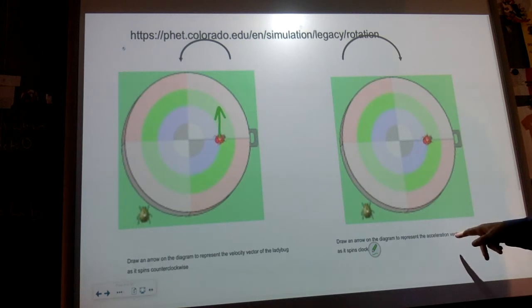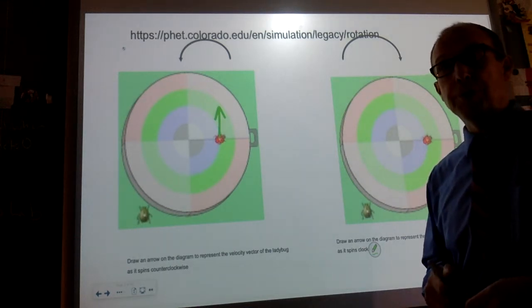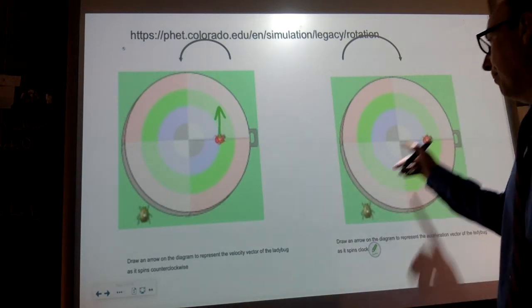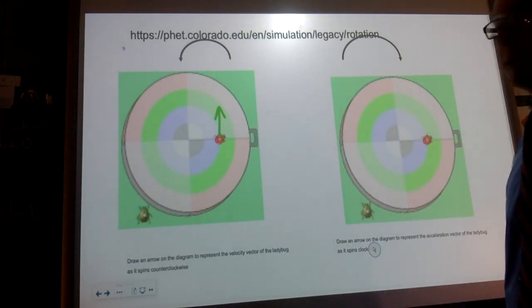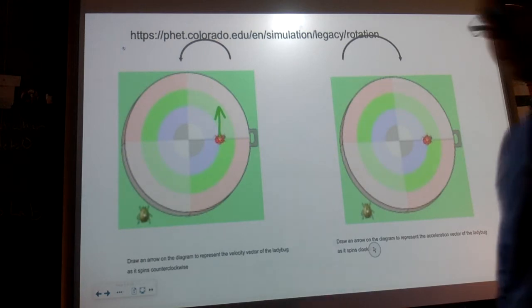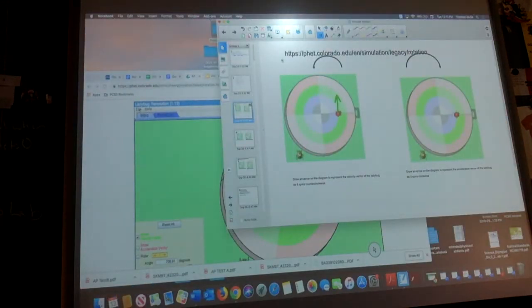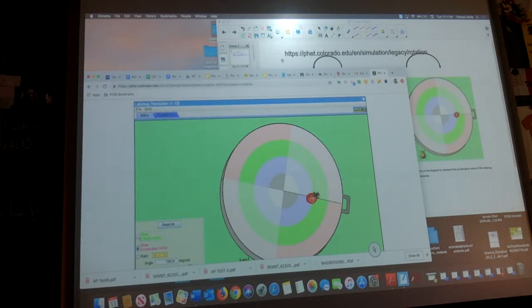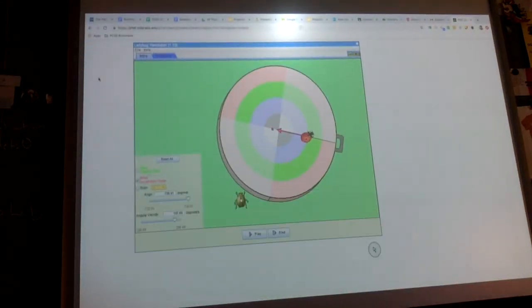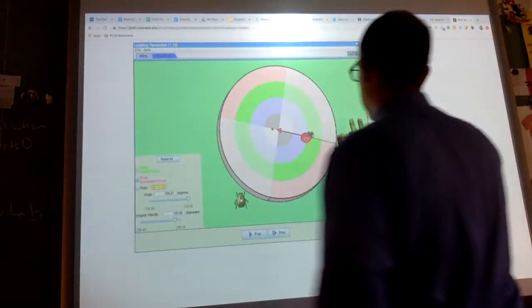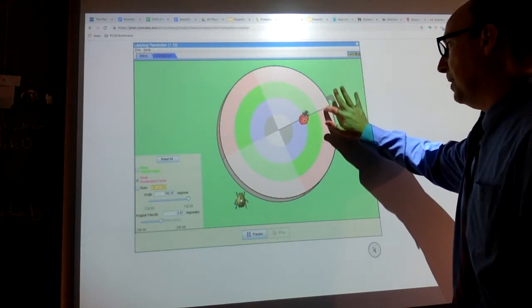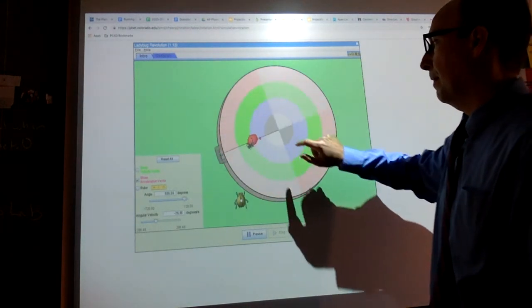All right, in the next one, I want to draw an arrow on the ladybug. Now it's spinning clockwise. What would the direction of the acceleration be at that point? Going in the opposite direction, what's the direction of the acceleration? So I'm going to spin it this way now.